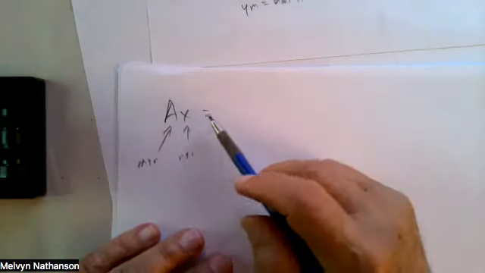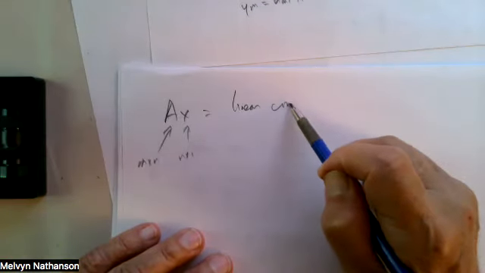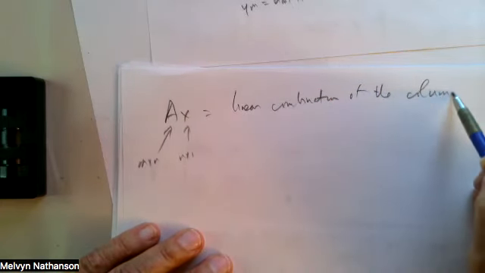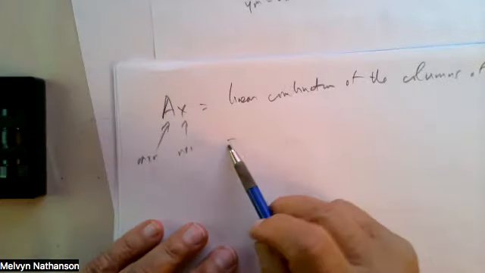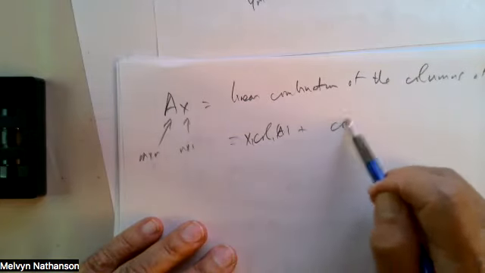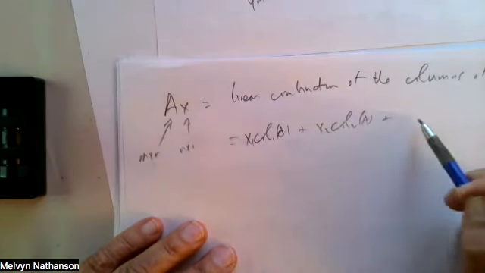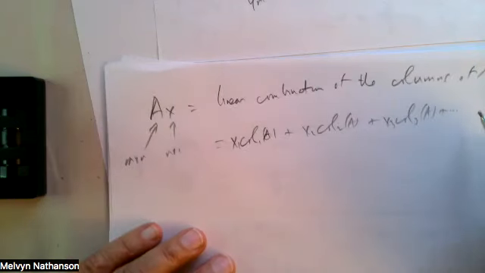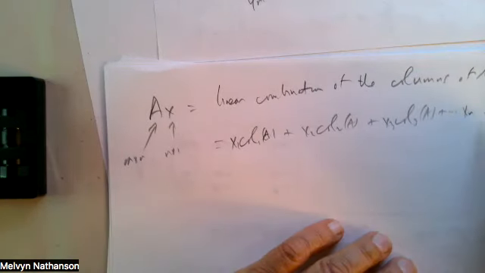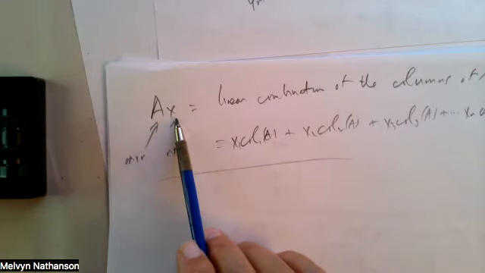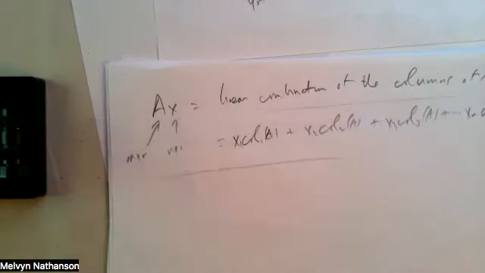You get a linear combination of the columns of A. You get the first column of A times x1, the second column of A times x2, the third column of A times x3, all the way up to the nth column of A times xn. So multiplying a matrix by a column vector on the right gives you a linear combination of the columns.